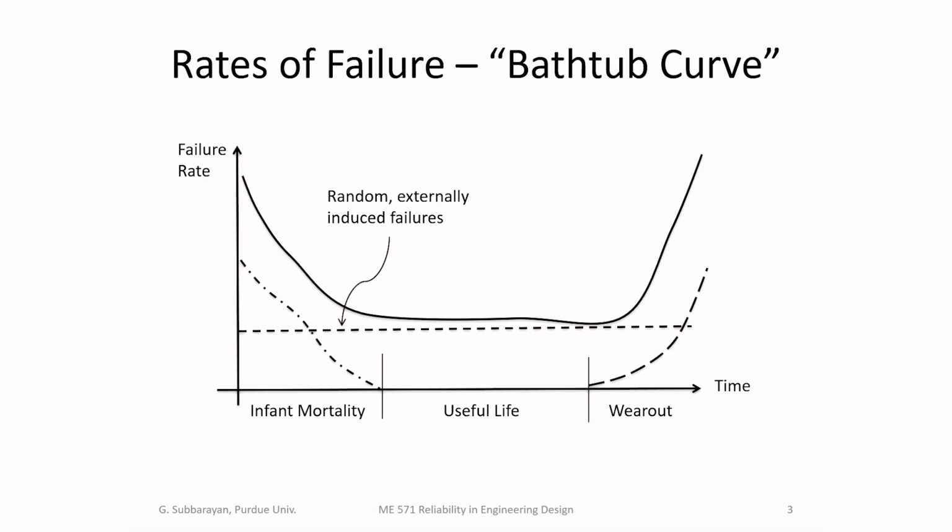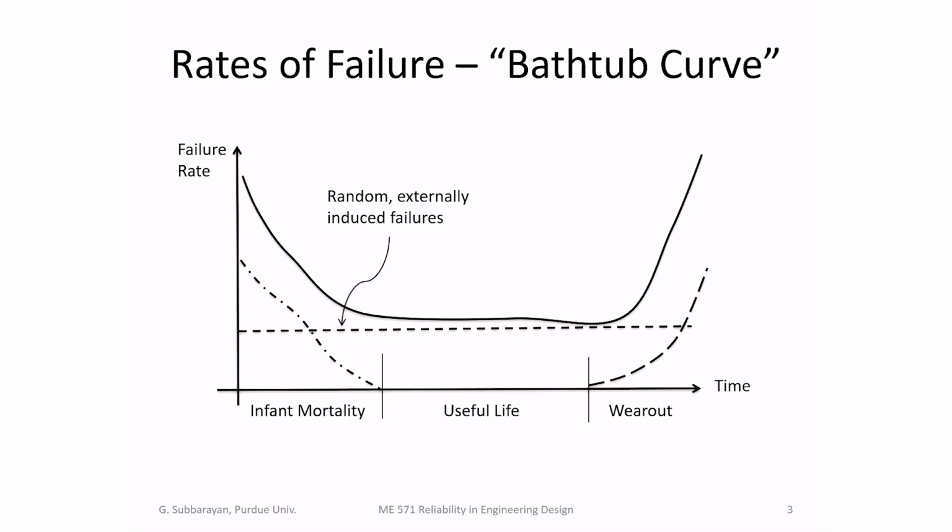It has the shape of a bathtub, and this is empirically observed in nearly all products. Usually, the infant mortality phase, the early failure phase, where you have a decreasing failure rate, is a result of manufacturing defects that have escaped into the field.